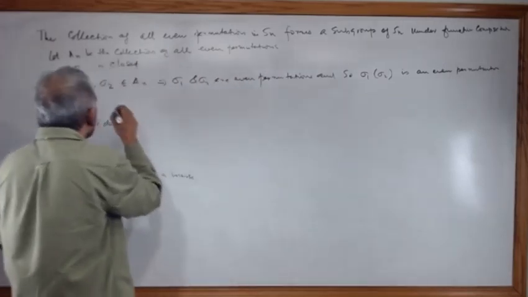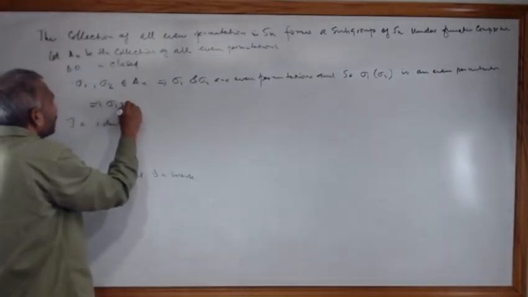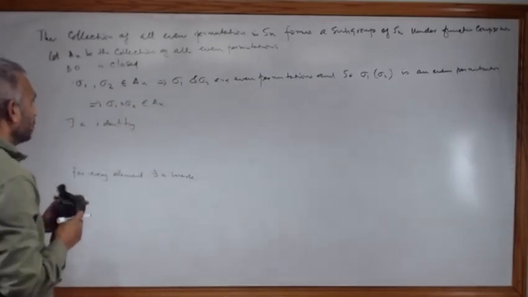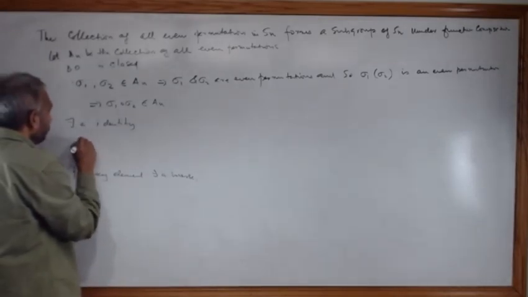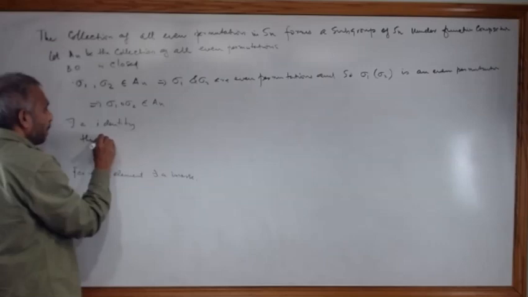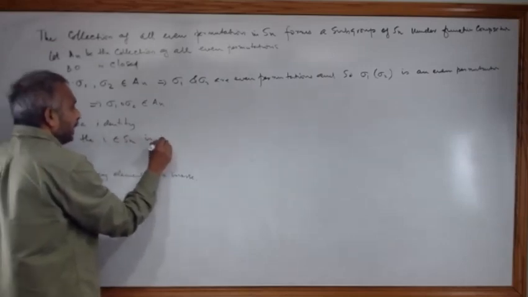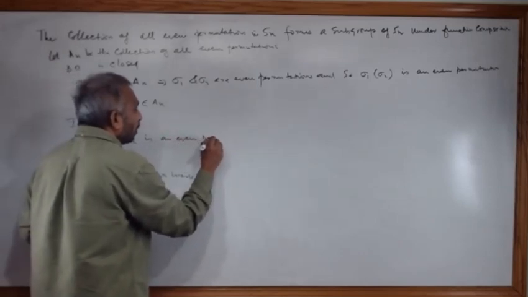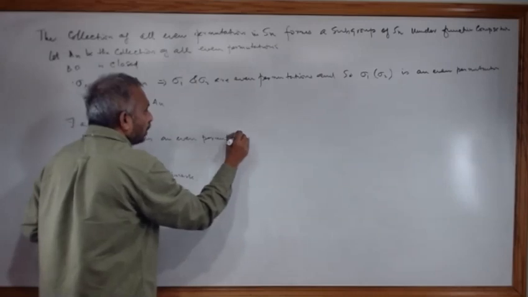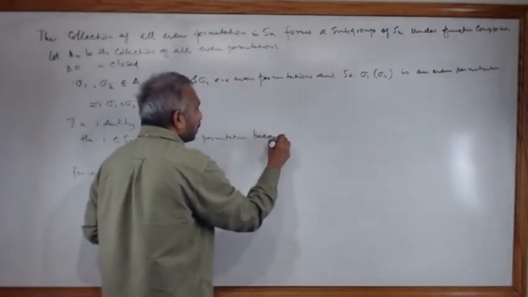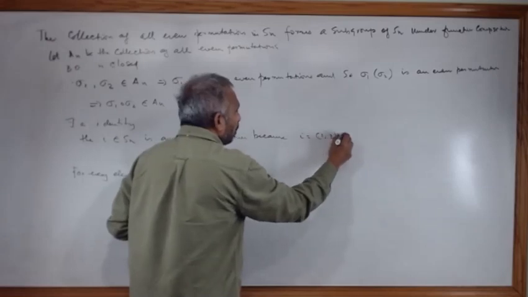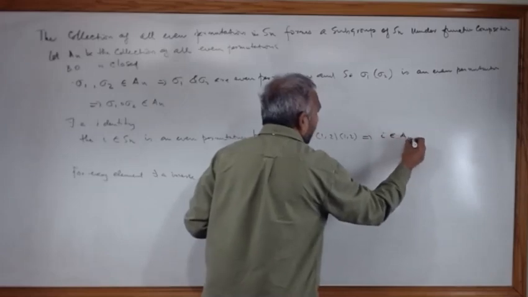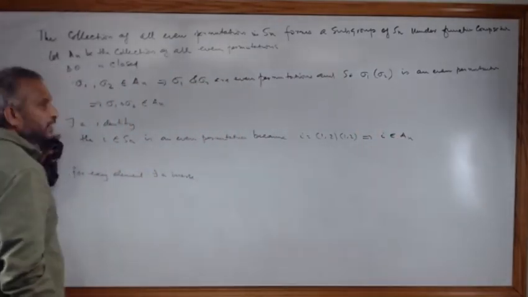And that implies sigma 1 sigma 2 belongs to An. So that means the binary operation is closed. Here, the identity map of Sn is an even permutation, because I is equal to (1 2)(1 2), and that implies I belongs to An. So there exists an identity.